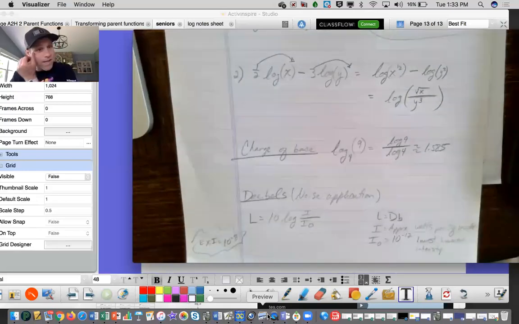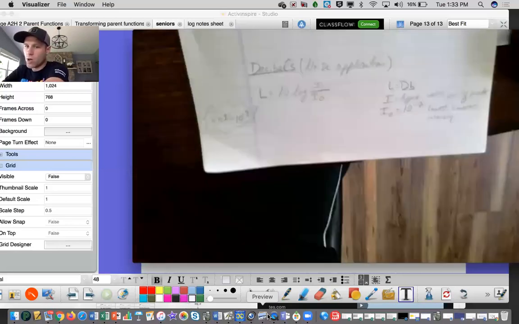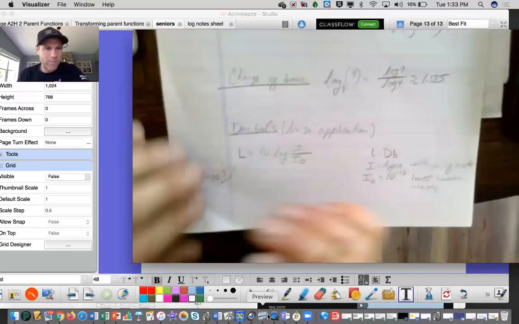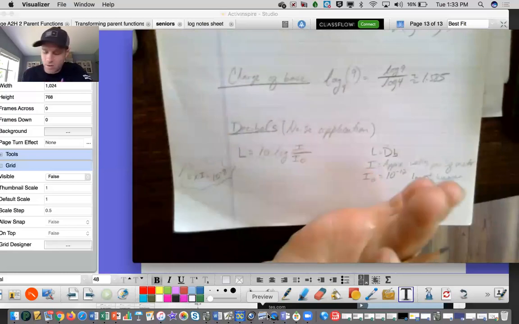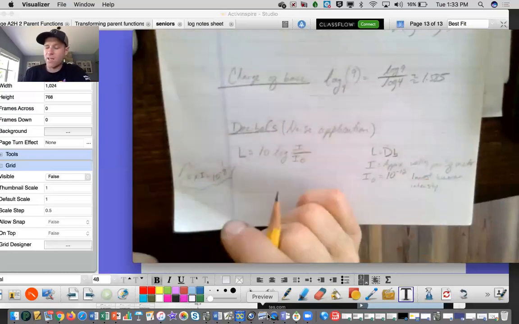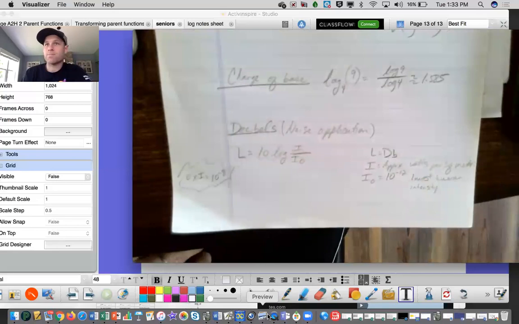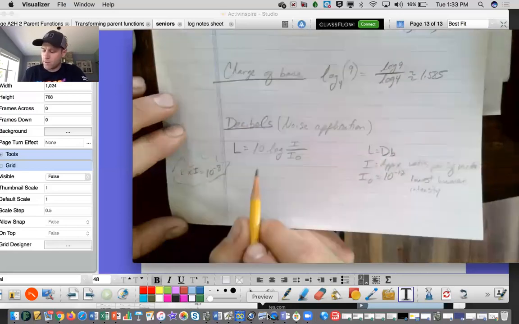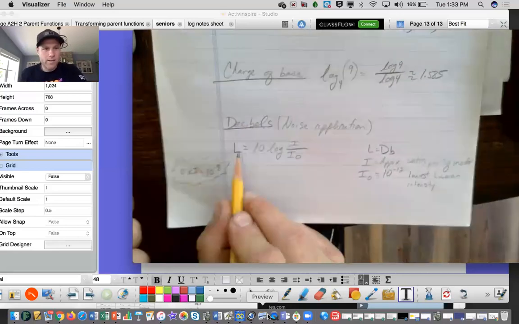In Edgenuity, they do some application problems, which are kind of cool because they intertwine the rules for logs, but also an application where it's used in the real world. So in addition to earthquakes, decibels, sound is another logarithmic application. So this is the formula for the decibels that you're hearing.